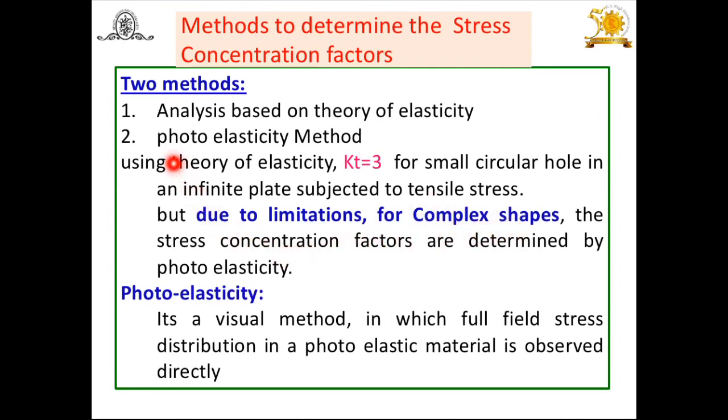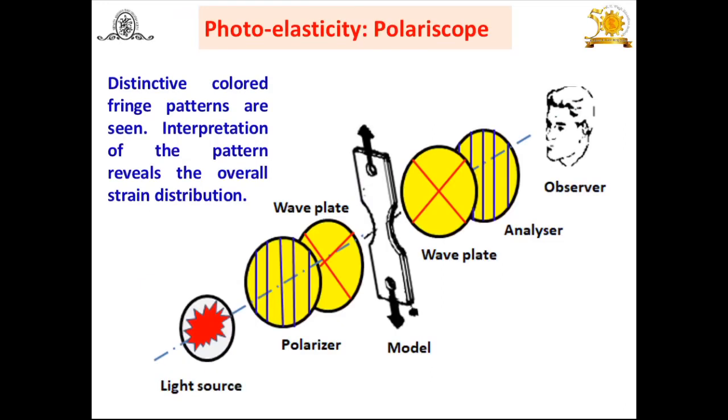That's why there is another method, that is the photoelasticity method. Here it is a visual method in which the full field stress distribution in a photoelastic material is observed directly. That means samples of the machine components are made using this elastic material and subjected to load, and in the laboratory a polariscope is used.